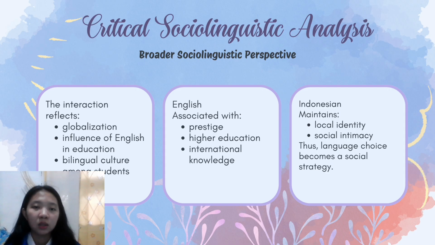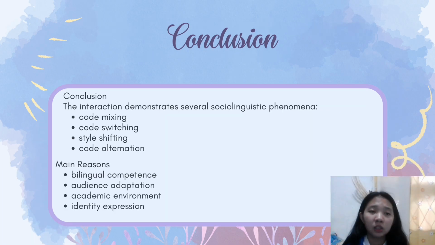Thus, language choice becomes a social strategy. In conclusion, the interaction demonstrates several sociolinguistic phenomena: code mixing, code switching, style shifting, and the last is code alternation. The main reasons are bilingual competence, audience adaptation, academic environment, and identity expression.